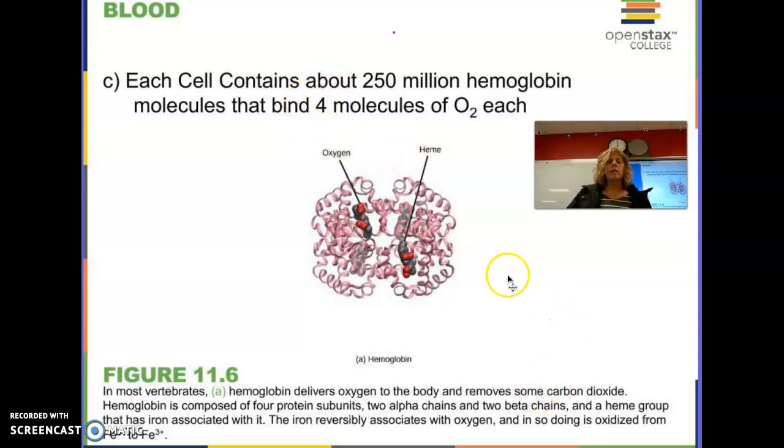That means that each red blood cell can carry about a billion molecules of oxygen. That's pretty incredible. We have lots of these red blood cells. We go through lots of molecules of diatomic oxygen when we breathe. So they're very, very important. And it's this hemoglobin that makes them so efficient, as the oxygen actually binds to this hemoglobin.